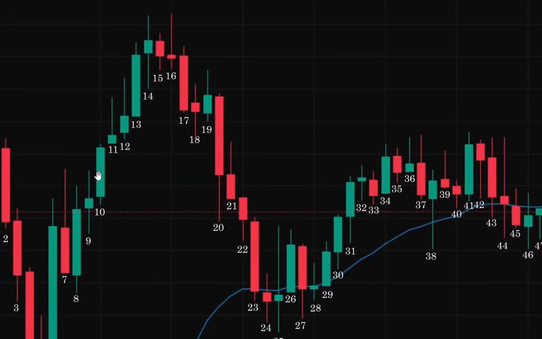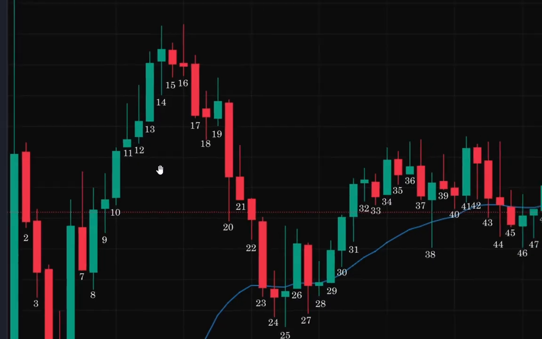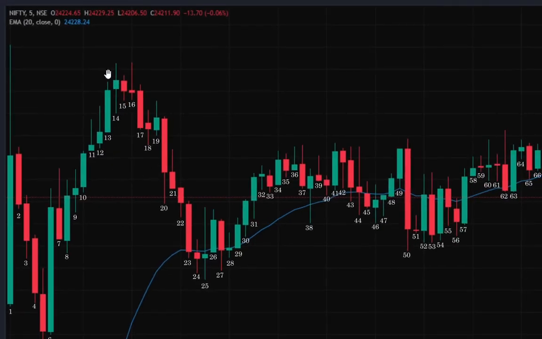Now bar 10 has broken bar 7 high, and after that there is a follow through, bar 11, bar 12, bar 13, bar 14. This is a big move, and it has not broken bar 1 high, so you can consider this a pullback, the first leg, and there will be a second leg.